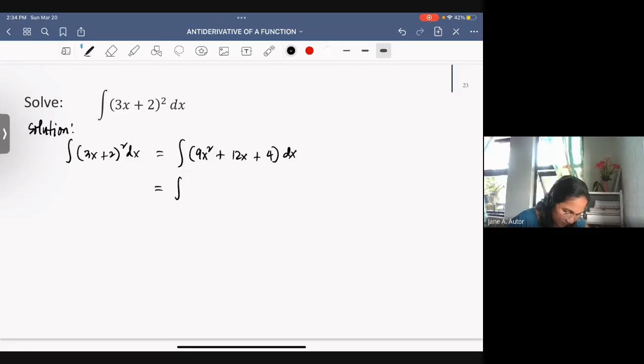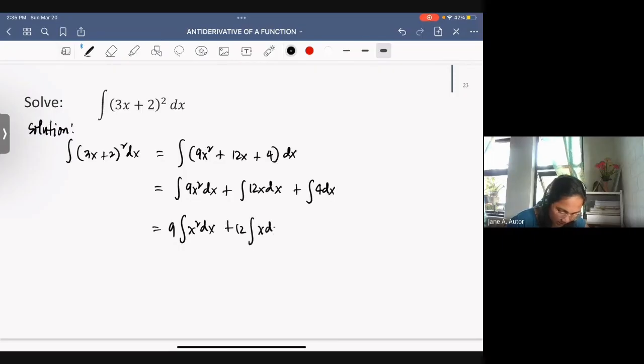We have the integral of 9x squared dx plus the integral of 12x dx plus the integral of 4 dx. By the constant multiple rule of integration, we will have 9 times the integral of x squared dx plus 12 times the integral of x dx plus 4 times the integral of dx.